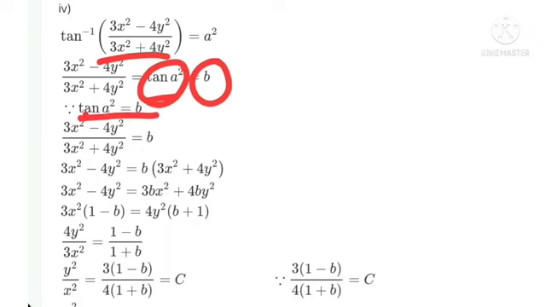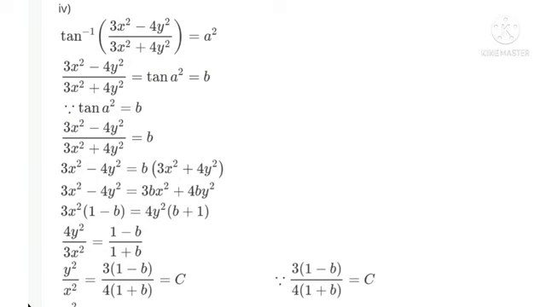So our equation becomes 3x square minus 4y square upon 3x square plus 4y square is equal to b. Take the denominator to the RHS, we get 3x square minus 4y square is equal to b into 3x square plus 4y square. Now you multiply b into the bracket, we get the next step.